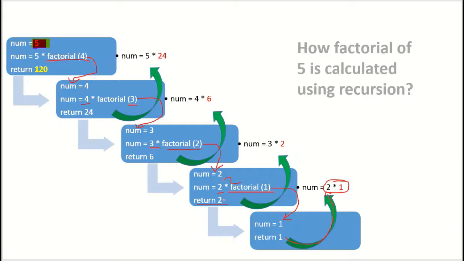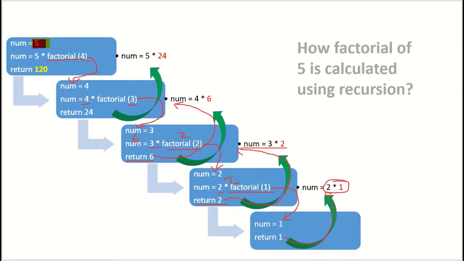So where this 2 will go? This 2 will go to the called function. So now 2 star 3 will be calculated, that is written here, and the result is stored in num. Now it is equal to 6, and it will return the value 6. So 6 is returned to the function from which it is called.